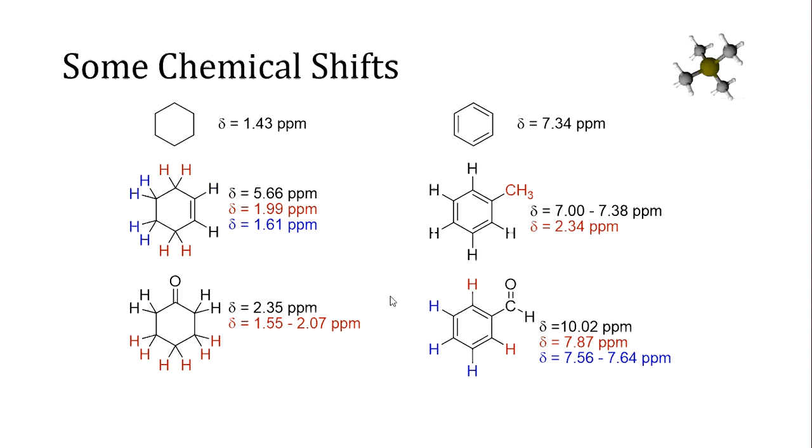It's deshielded both by being attached to a carbon shared with a pi bond and being attached to a carbon that's attached to an electronegative atom. And the effects of the aldehyde functional group also deshield a little bit the other hydrogen atoms in the aromatic ring. The nearby hydrogen atoms close to the aldehyde functional group are at 7.87 parts per million, and the rest of the hydrogen atoms are still deshielded just a little bit from the hydrogen atoms in benzene.